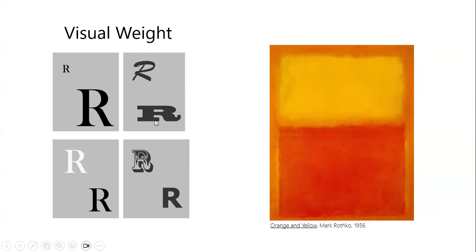Whereas this shape, even though they're roughly about the same size, has a little bit more mass. But this shape, because it's squatter, more blocky and more static, doesn't have as much movement, so it feels heavier, right? Value: this shape feels lighter because it's white on gray, whereas this one is black on gray.